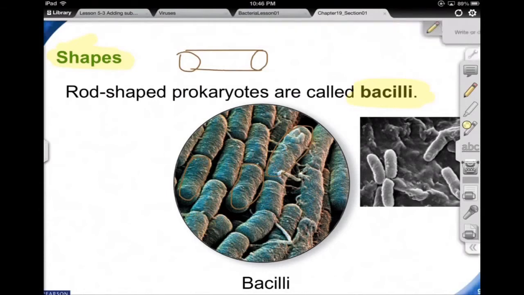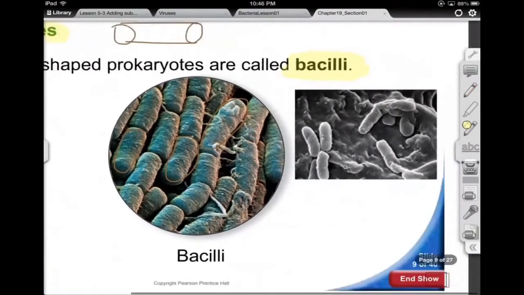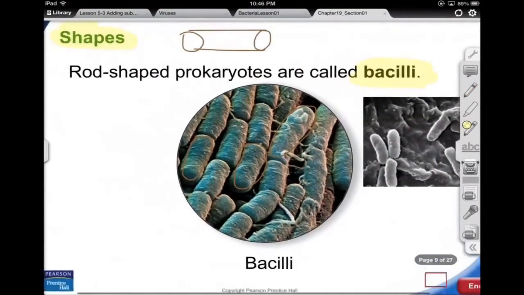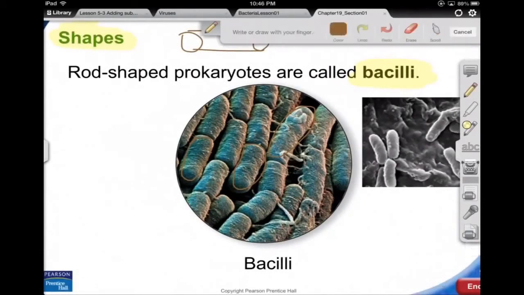So when we look at that, we say, oh, we're looking at bacilli. And this is characteristic of E. coli. E. coli looks like this. But that's only one characteristic for identifying them. You might have heard me say gram-negative earlier. Well, that's another important test we use to help group these guys.